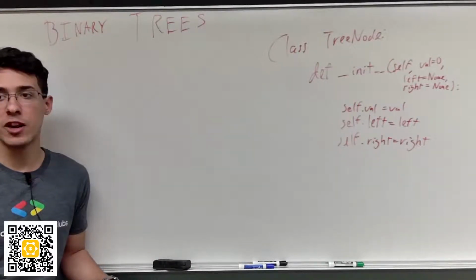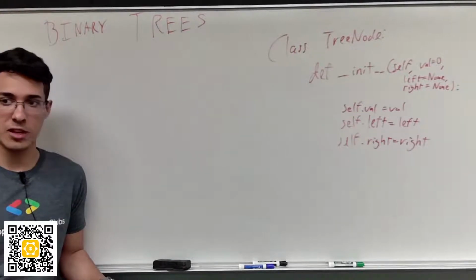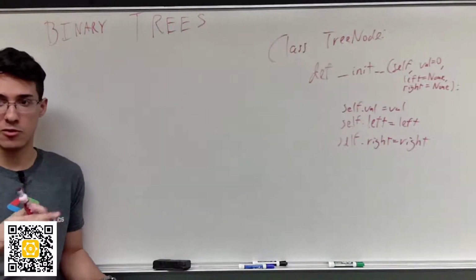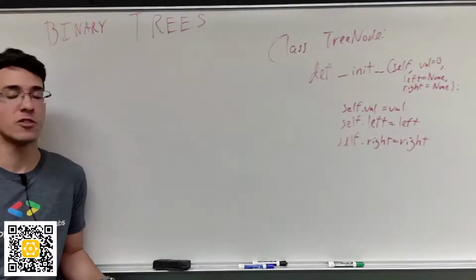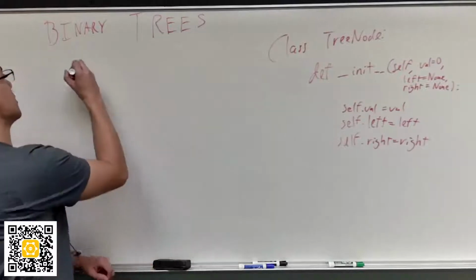If I wanted to define a tree node that could have n-ary, so any variably sized amount of children, how would you define this class? I'm going to do it here.